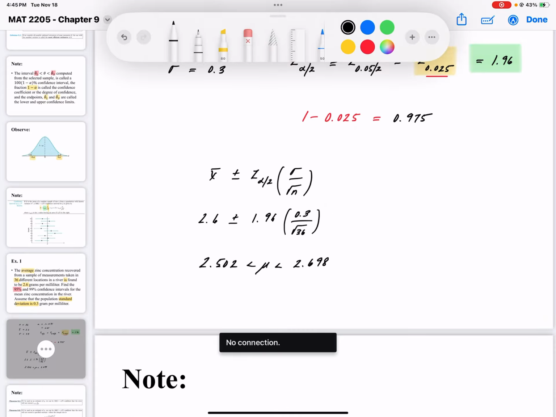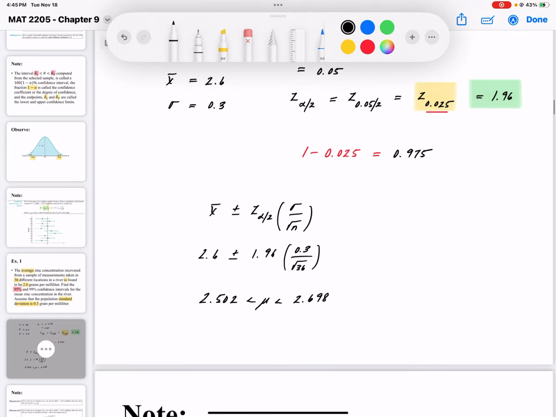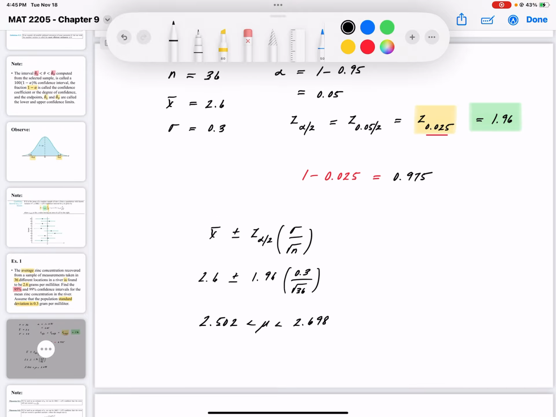Okay, fine. The other thing that they asked us to do was find a 99% confidence interval. So we're doing the exact same thing. The only difference is we're using 99%, so now we need a new alpha value. The other things are not going to change.